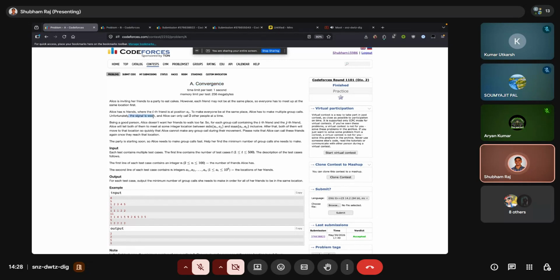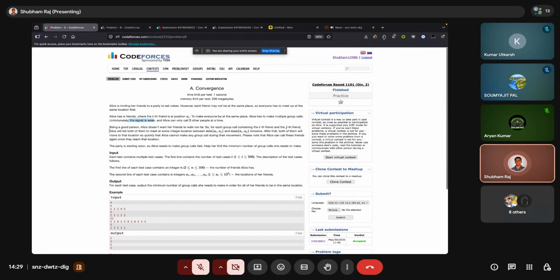Unfortunately, the signal is weak and Alice can only call two people at a time. Being a good person, Alice doesn't want her friends to walk too far. So for each group call containing the ith friend and jth friend, Alice will tell both of them to meet at some integer location between min of A_i, A_j and max of A_i, A_j, inclusive.